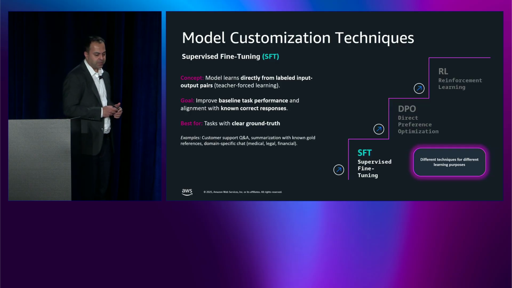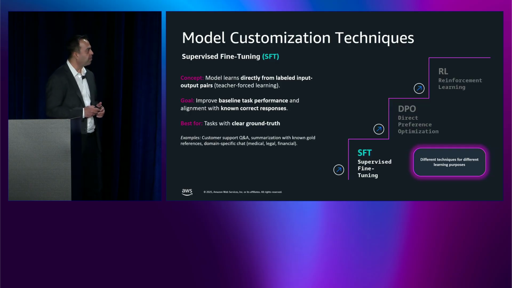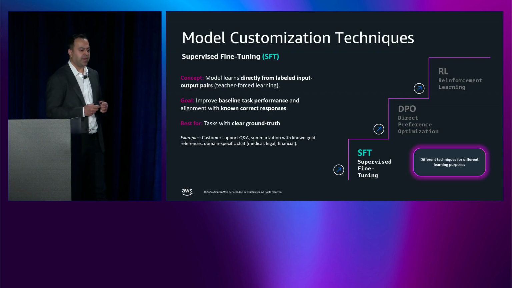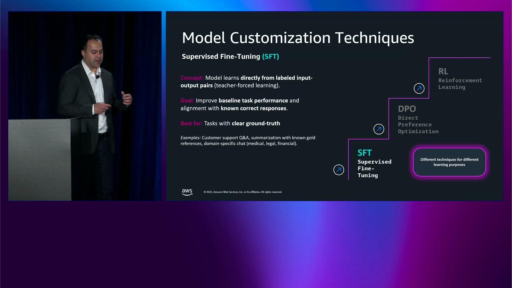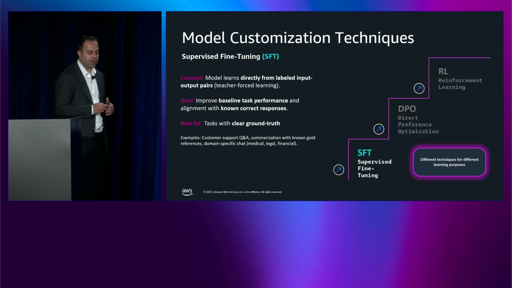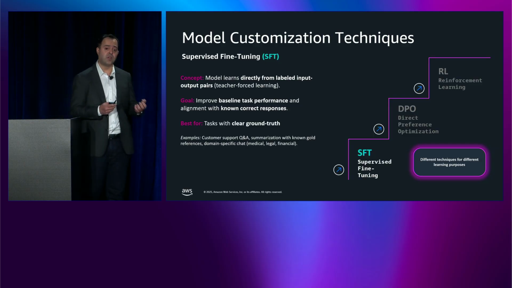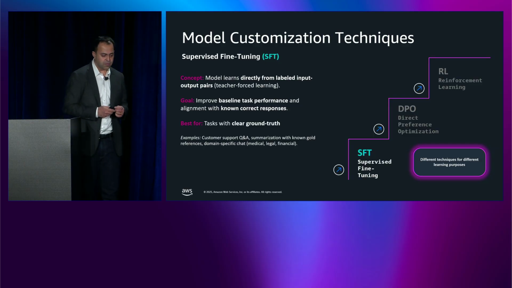So the first one is supervised fine-tuning. With supervised fine-tuning, the model directly learns from labeled input-output data. And it can use this to improve overall task performance and understand your domain. And this is actually quite useful when you have clear ground truth available with you.